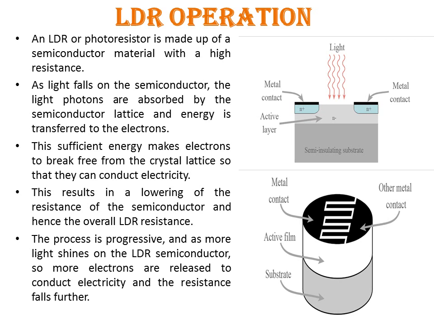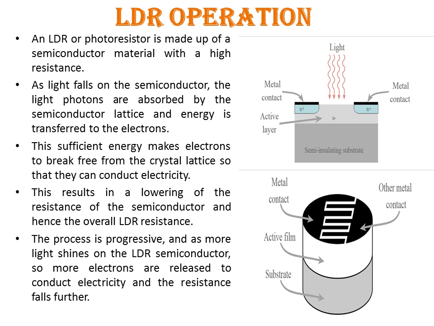In the diagram, you can see the structure of the LDR. The LDR, or the photoresistor, is made up of a semiconductor material which has a very high resistance. Whenever light falls on the semiconductor, the photons are absorbed and the electrons get sufficient energy to break from the crystal lattice, and they become free electrons and start to conduct electricity.